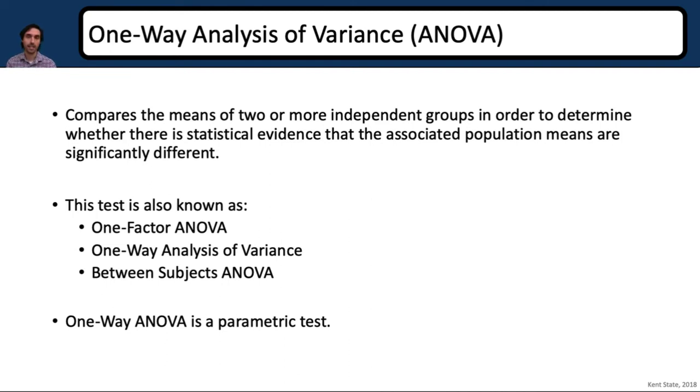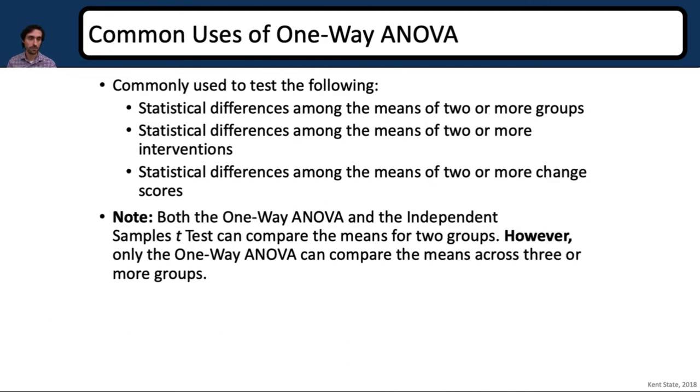These should be parametric tests, meaning that the data are normally distributed, and they are generally used when comparing the means of two or more groups. So we'll get into what that looks like. This could look at the differences between, say, two intervention groups and one control group. It can also look for changes over time from a control group, and then they begin an intervention, and then again, or maybe a third time. But a one-way ANOVA and the independent samples t-test both compare the means of two groups.